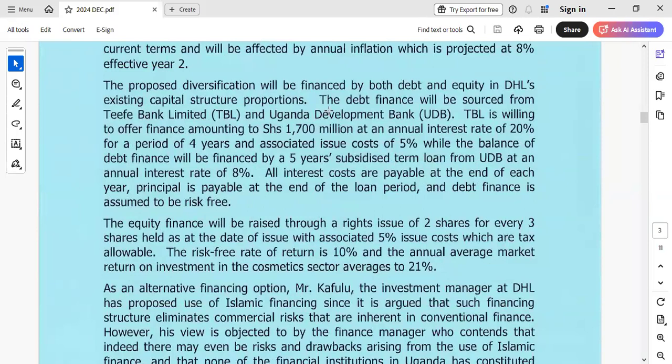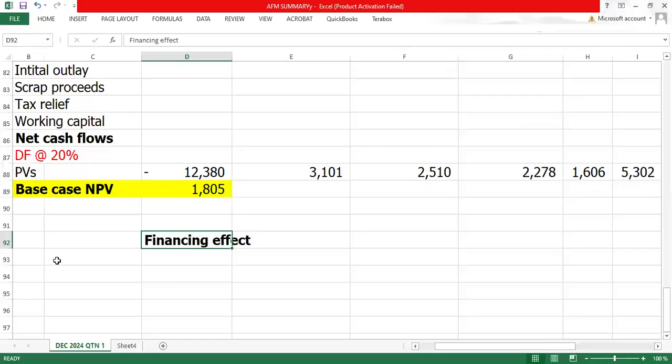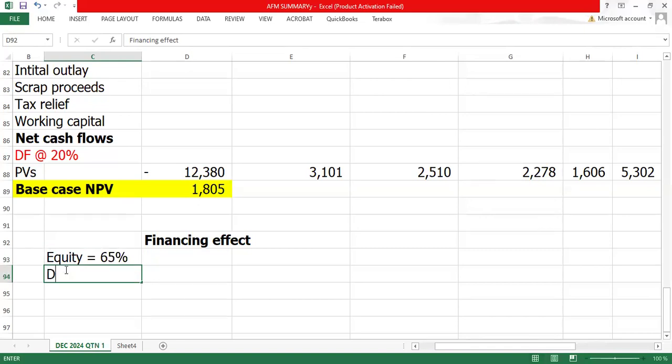Okay, so once you see that, it means that here you have the existing proportions. The equity is what? 65%. Then the debt will be 35% as we finance the proposed investment.